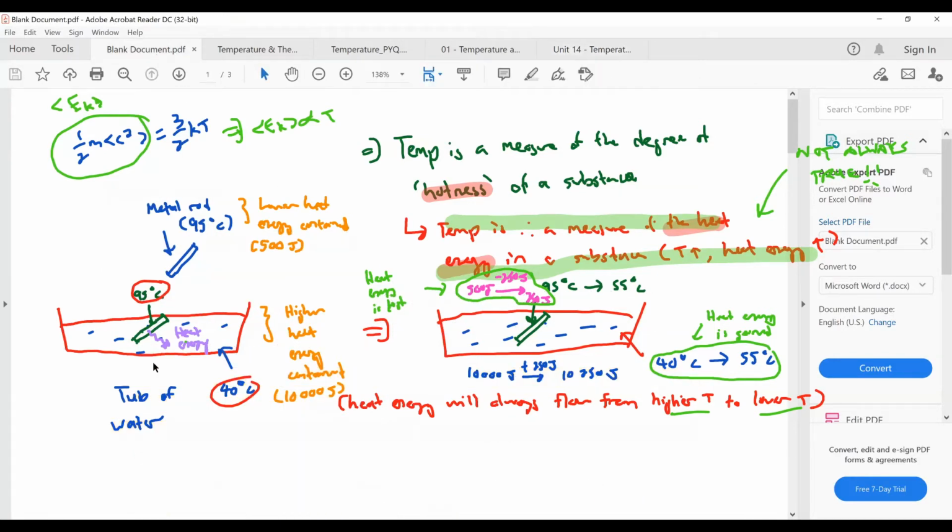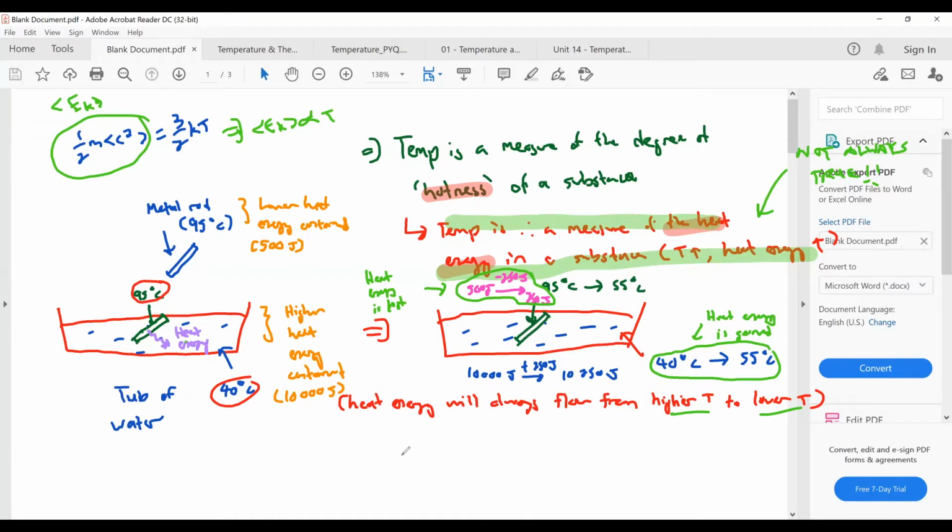When you put two bodies with different temperatures together, because of the difference in temperature, heat energy will flow from higher temperature to lower temperature. Eventually, both will reach thermal equilibrium, where both objects now have the same temperature and there's no net heat transfer between them. The keyword is no net heat transfer.